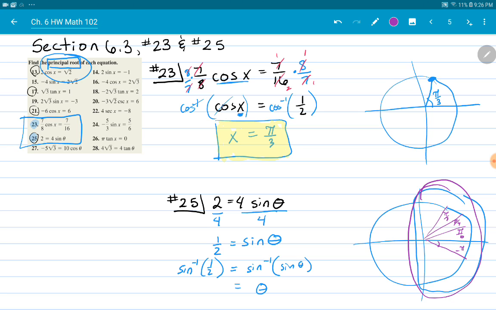So that's negative pi over 6, negative pi over 4, and negative pi over 3. Okay, but I'm looking for when that y value equals 1/2. So 1/2 is shorter than radical 3/2, so that means it's this one right there, which corresponds to theta being equal to pi over 6.